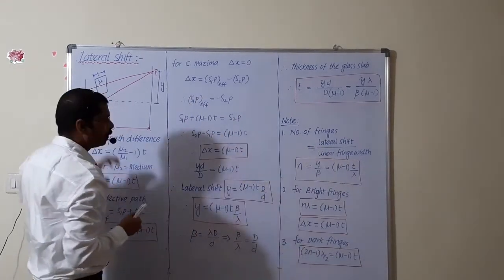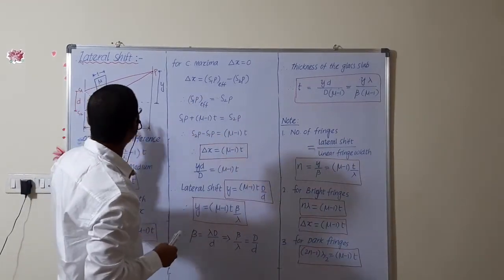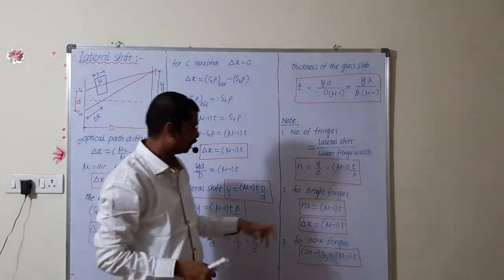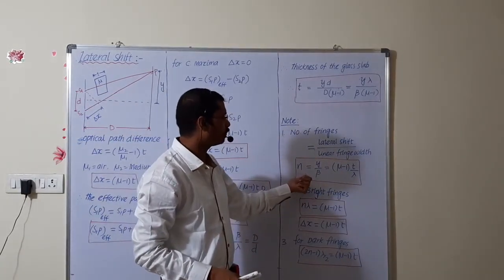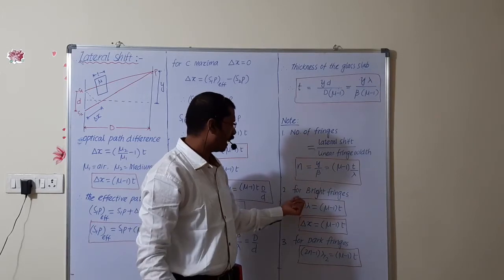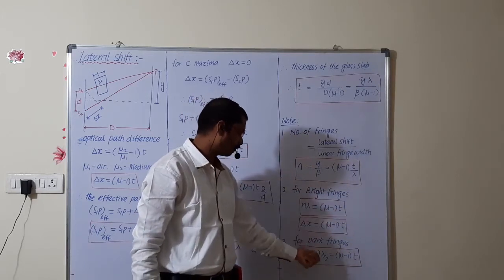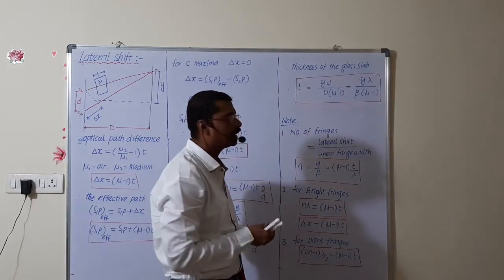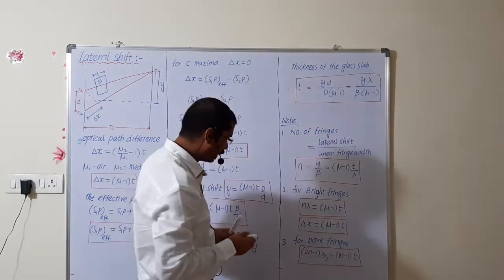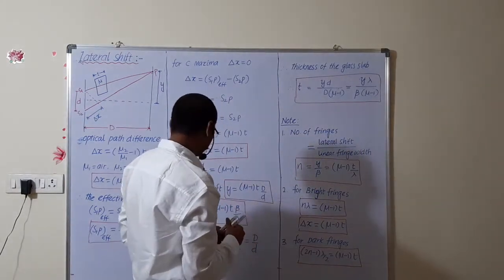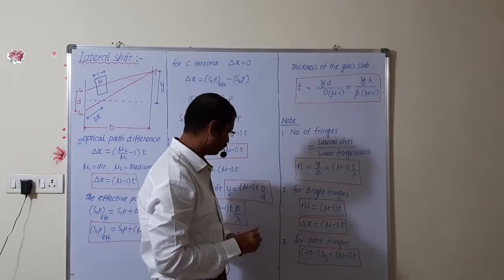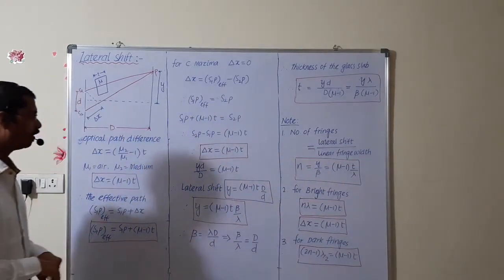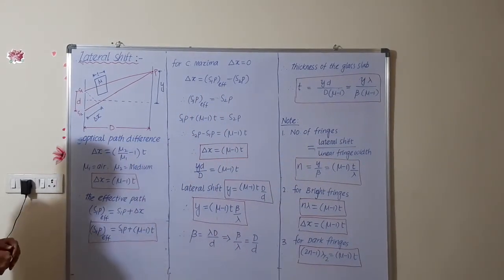Whenever we use an optical slab, a glass slab, in any one path, we can find the number of fringes, bright fringes and dark fringes by using these formulas. Phase difference and path difference also we can take. Write down this one; after this I will explain path difference.